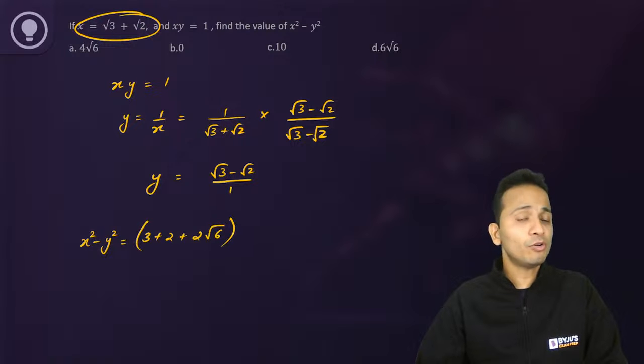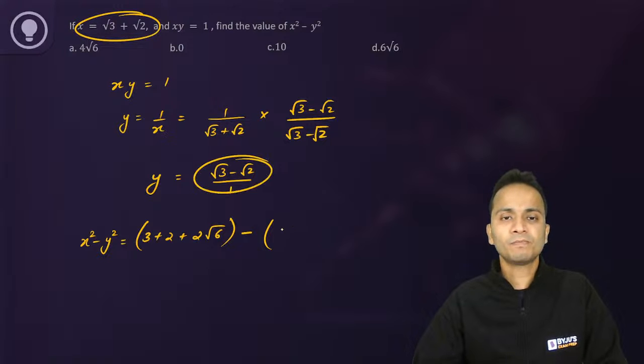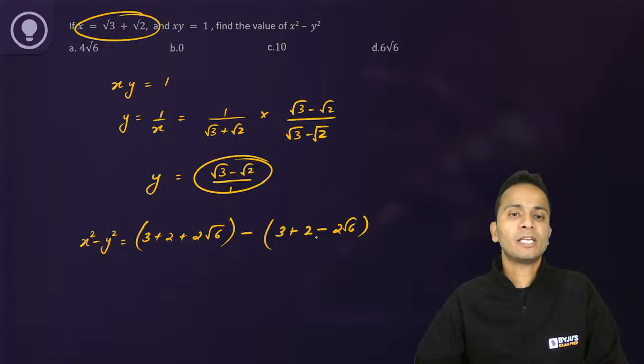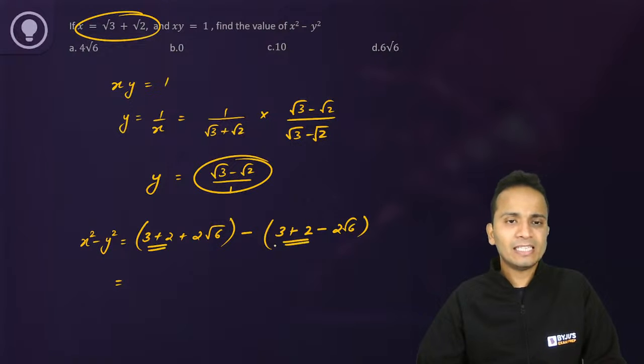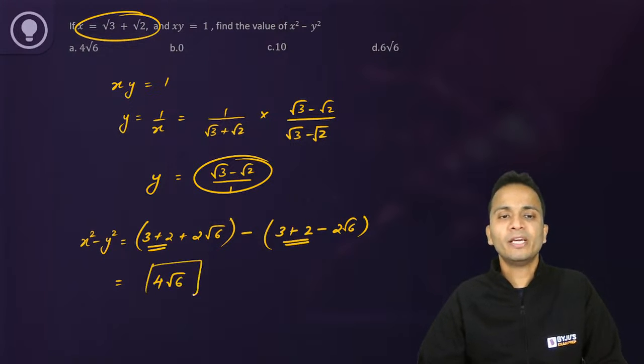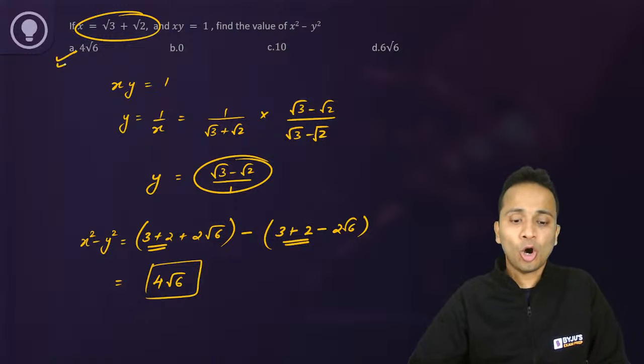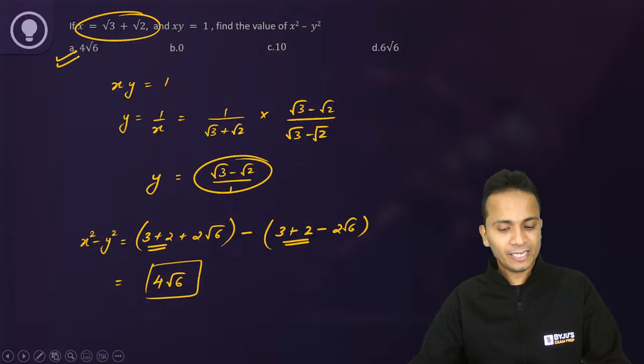So x square minus y square will be this minus the square of the other term, that is 3 plus 2 minus 2 root 6. Now since there is a negative sign between these two brackets, this 5 and 5 will get cancelled and the final answer will be 4 root 6. So 4 under root 6, that is option A, is the correct answer.